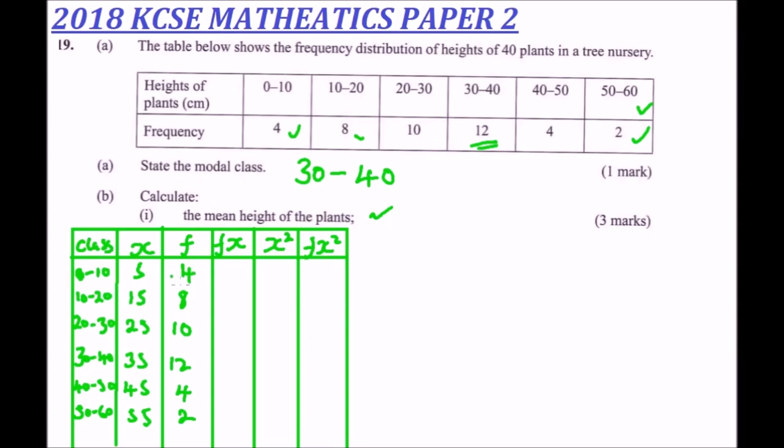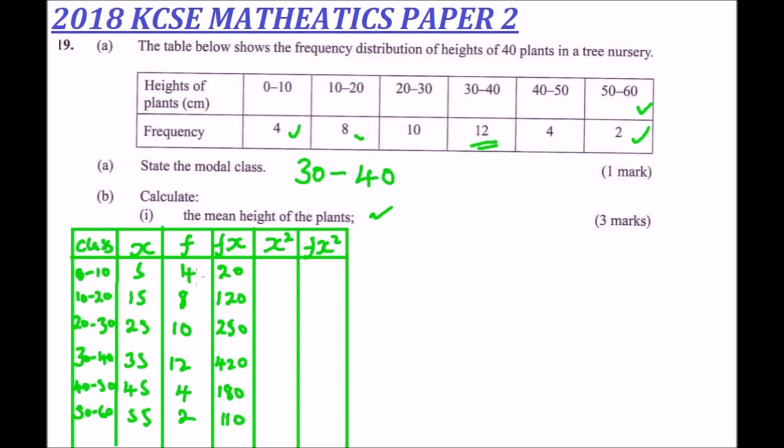So this is 5 multiplied by 4, and that will give us 20. 15 times 8 gives us 120. 25 times 10 gives us 250. 35 multiplied by 12 gives us 420. Then we have 45 times 4, that will give us 180. Then we have 55 times 2, and that will give us 110.